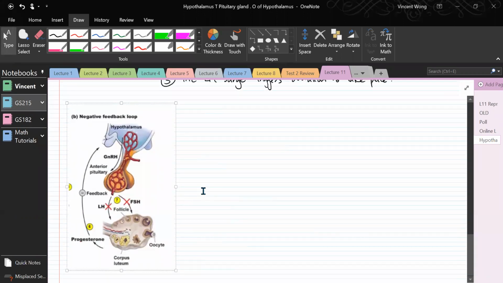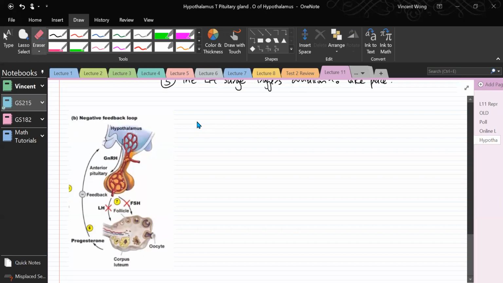All right, so the egg is in the fallopian tube right now. As we mentioned earlier, the leftover material from the follicle is going to develop into the corpus luteum. Okay, so after ovulation, the corpus luteum forms.